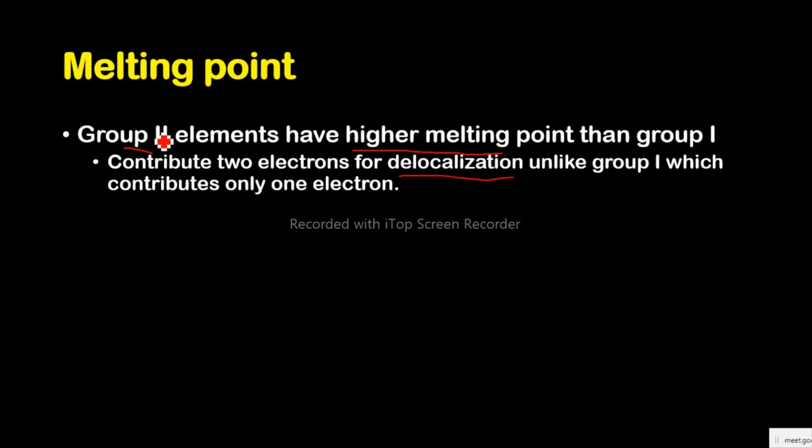Now group 2 elements contribute 2 electrons, whereas group 1 elements contribute 1 electron. So when you lose 2, you form, let's say, M with a 2 plus, whereas here you form N with just a plus.